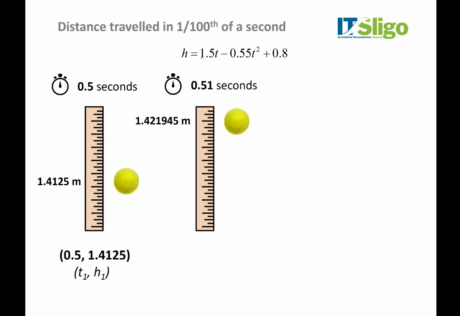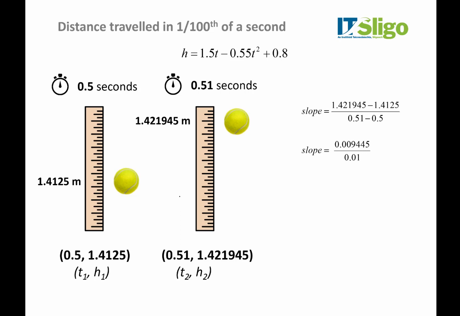Now we've got two positions. We can work out the change in height, what's the difference in height, over what's the difference in time, delta H over delta T. So we get the slope between these, so it's y2 minus y1 on the top, x2 minus x1 on the bottom.